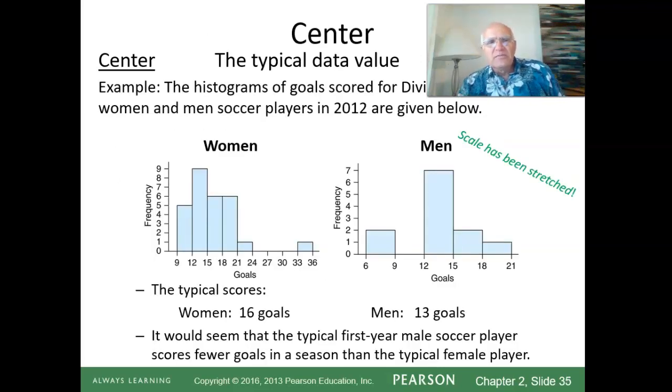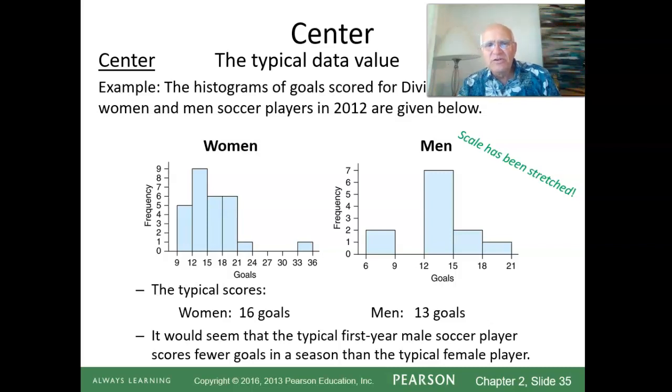The data from the goals, you see that we have the women's goal scoring data from Division 3, and this one we haven't seen before. The data on the right is for men scoring, and what you see there is a little bit of a skewed distribution on the women's side, and the men's side it's a little bit more symmetric, and it looks like the typical values in the center, which is what this slide is about, right, is a little bit higher for the women than it is for the men.